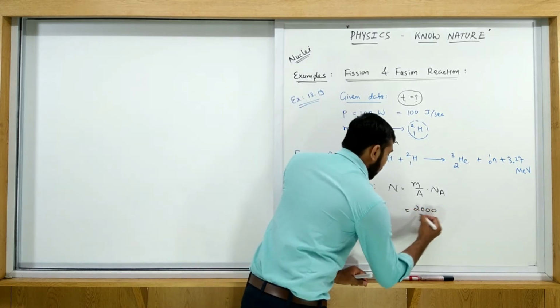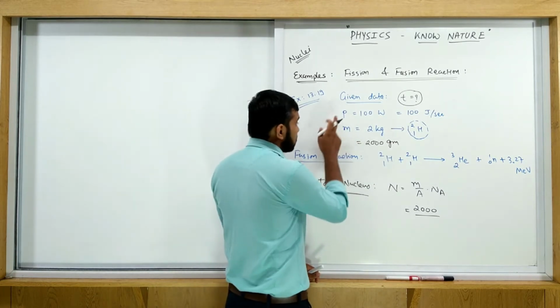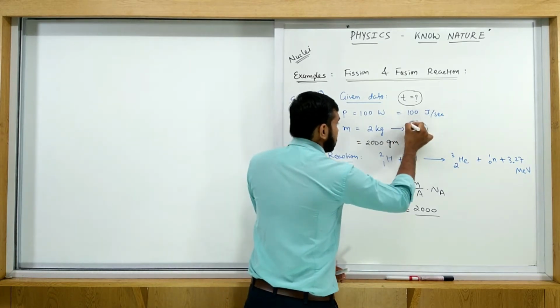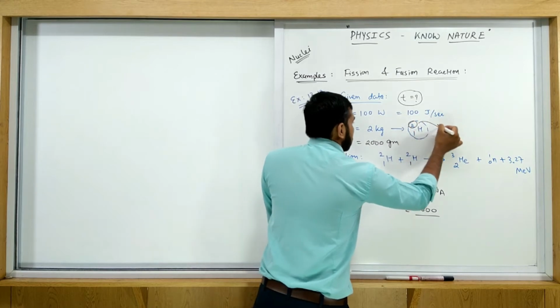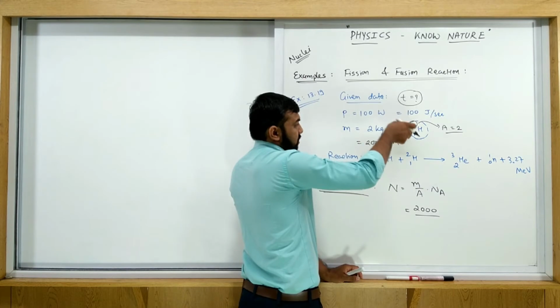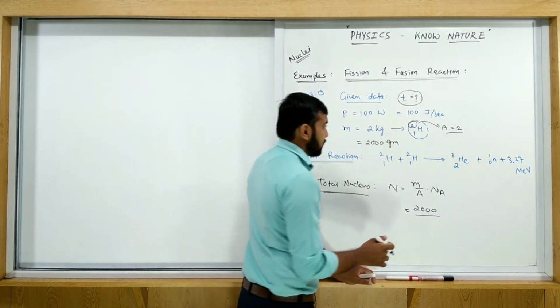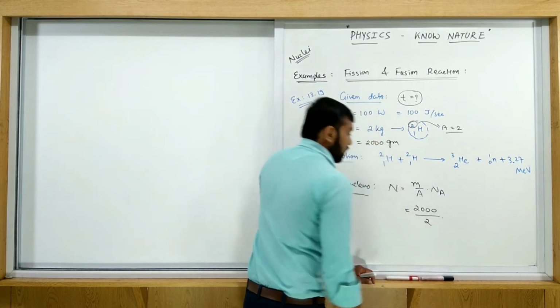So it is 2000 upon, what is the A? So A is equal to 2, the atomic mass. So 1 is the atomic number, 2 is the atomic mass, as we discussed in the previous sessions. So that is 2 into Na.